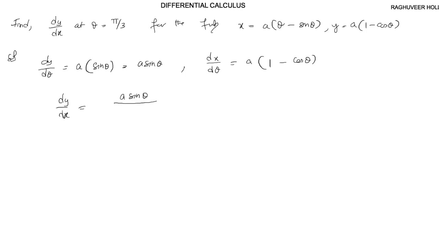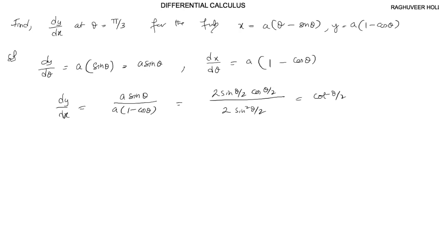So dy by dx will be a sin theta by a(1 minus cos theta). Now sin theta can be written as 2 sin theta by 2 cos theta by 2, and 1 minus cos theta is 2 sin square theta by 2.